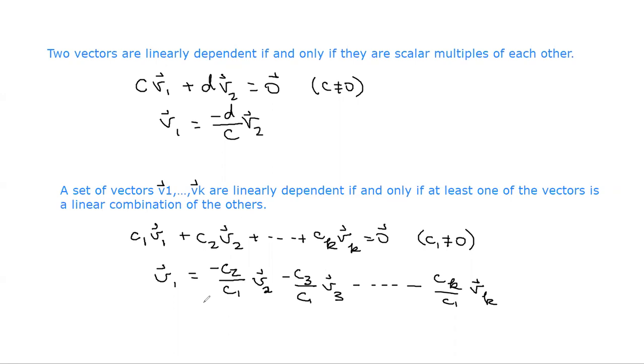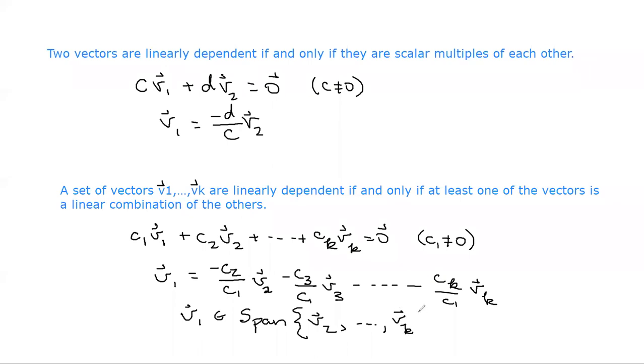So again, if we have a set of vectors that are linearly dependent, then at least one of them must be a linear combination of the others, and vice versa. Another way of saying this is that V1 is going to live in the span of the rest of those vectors, V2 through Vk.